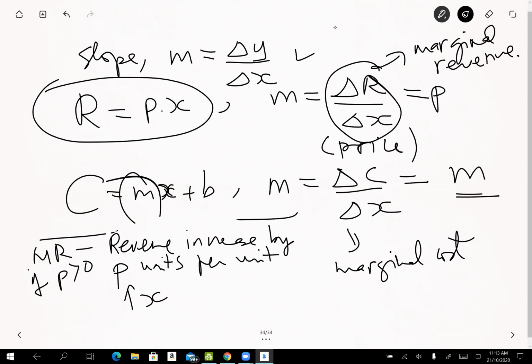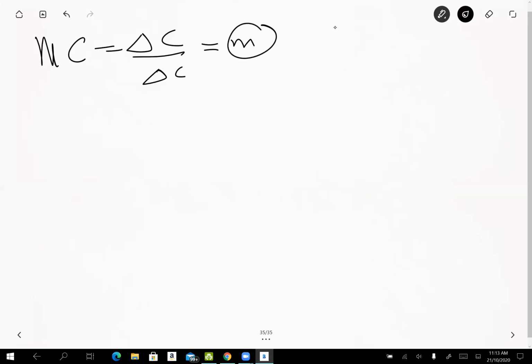Now, similarly for the cost, the marginal cost, MC, is the slope of the function. MC is equal to delta C over delta X. In other words, the M is the marginal cost.